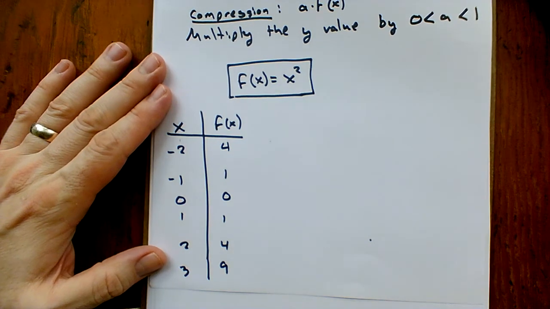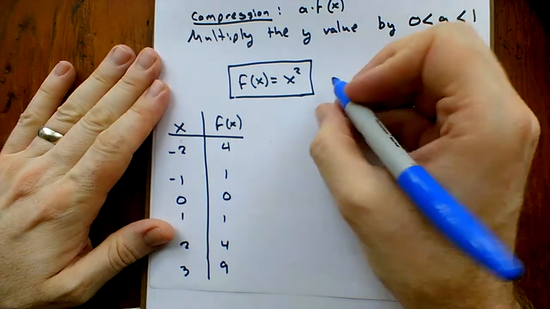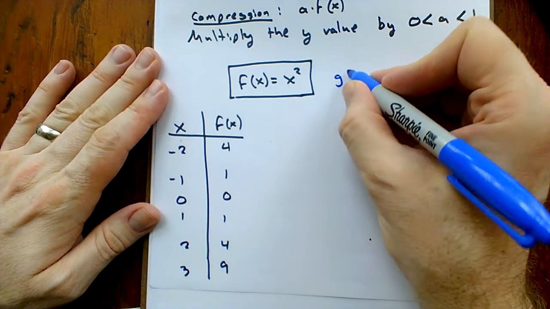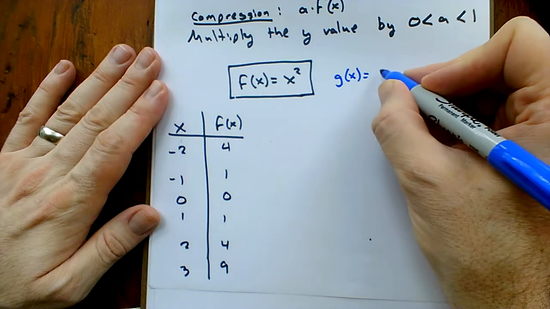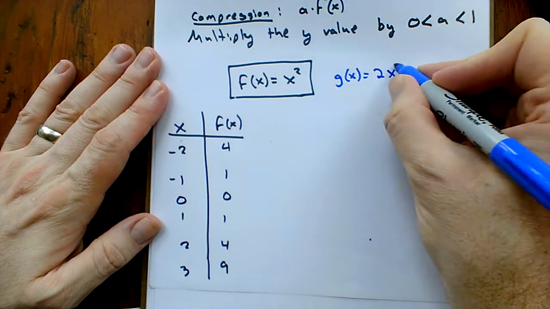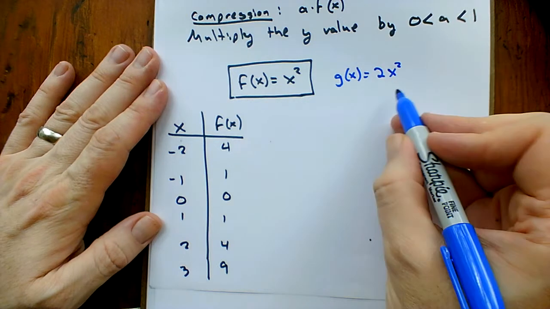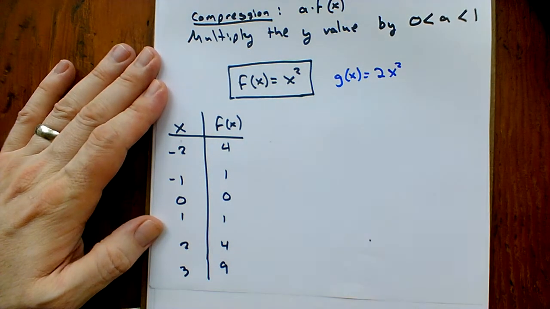Well, let's see what happens if I were to multiply this. Let's say we've got some other function. I'll call this g of x is equal to, let's just double all of these values. So I'll have 2 times x squared. Basically, all I'm going to do is double everything that I have here.